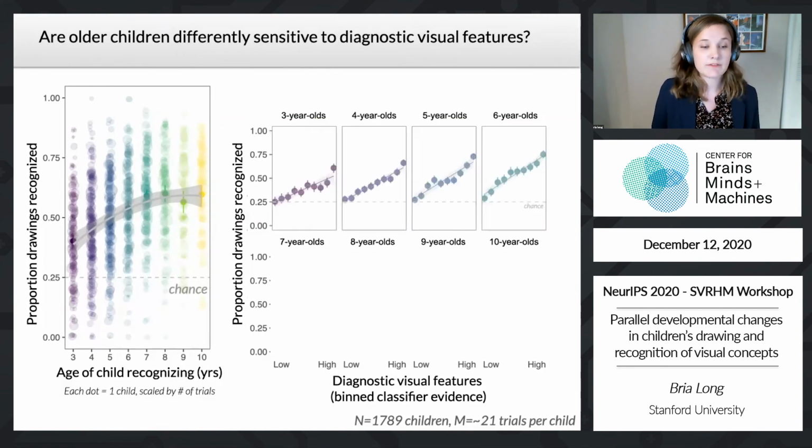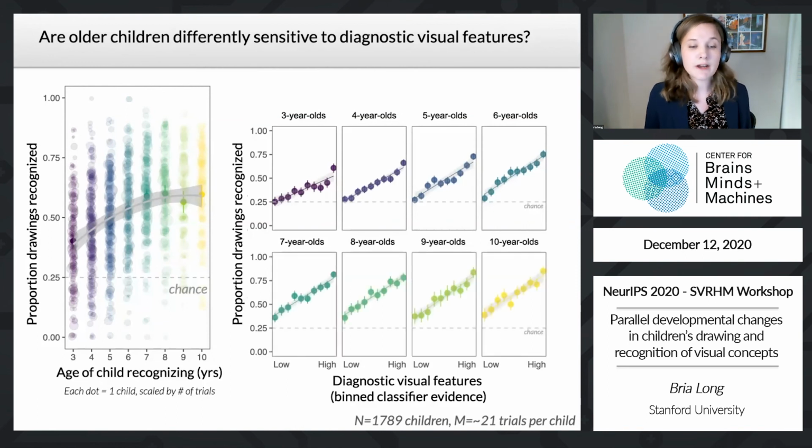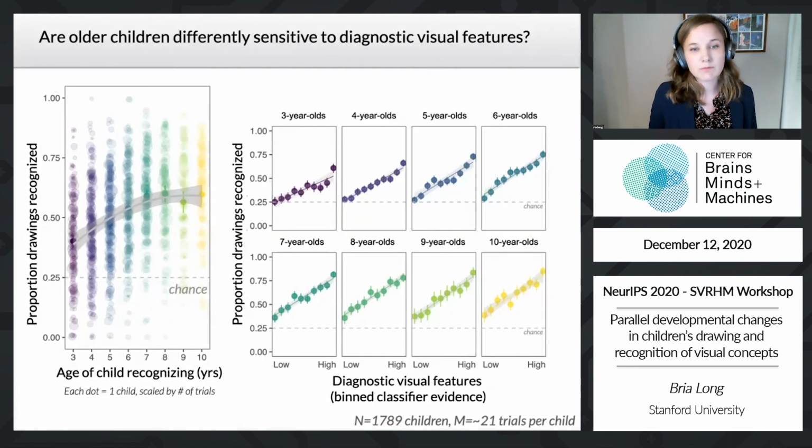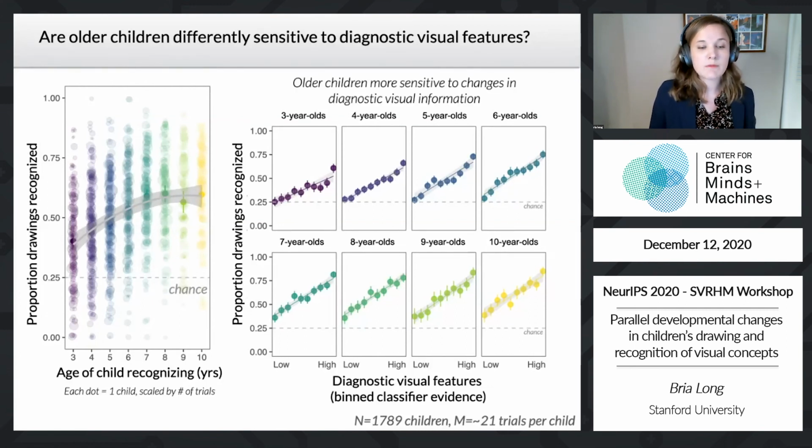And that is indeed what we found. We found that older children were better able to extract what signal there is in these drawings, such that they're better able to take advantage of increasing diagnostic information to respond more accurately. In other words, this suggests that children become more and more sensitive to the presence of these diagnostic visual features as they grow older. And the sensitivity manifests when they're recognizing drawings made by other children.